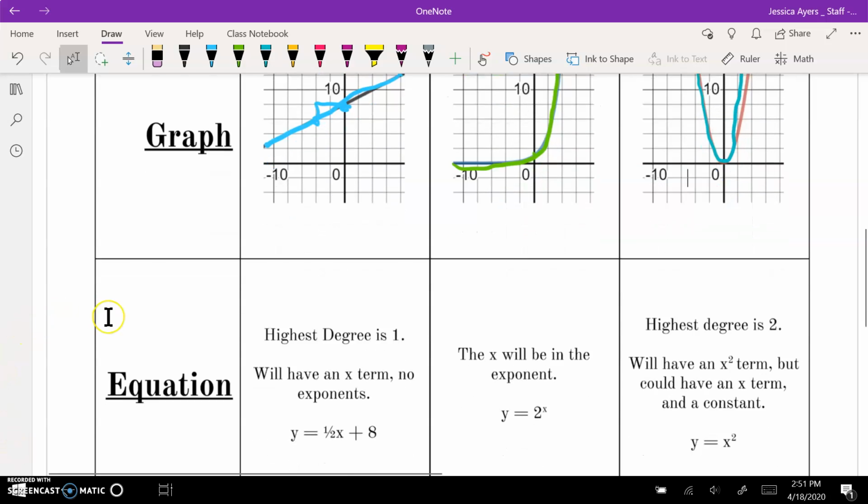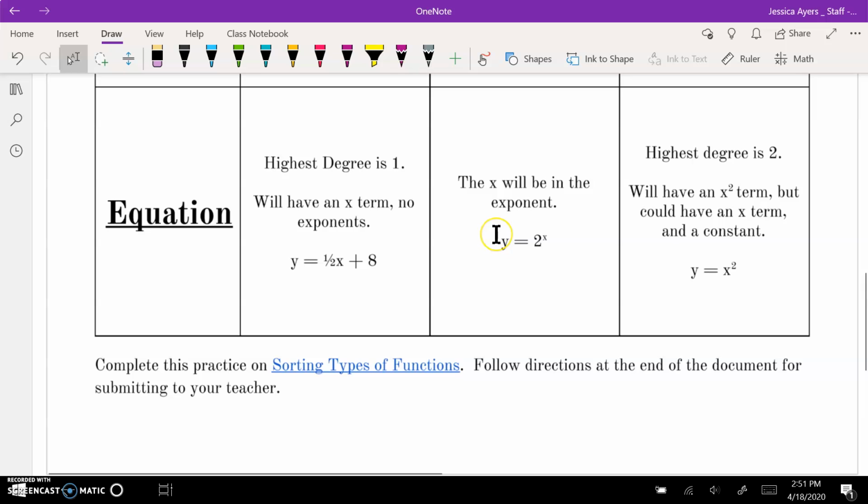When we look at an equation, a linear function will have the highest degree be 1. So we learned earlier this week that if the highest exponent is 1, so it's just an x term that is the highest, then that makes it linear. So it comes as no shock that y equals 1/2 x plus 8 is linear. That's also in that slope-intercept form that we've talked about in the past. Remember, we've also looked at standard form as well as point-slope form.